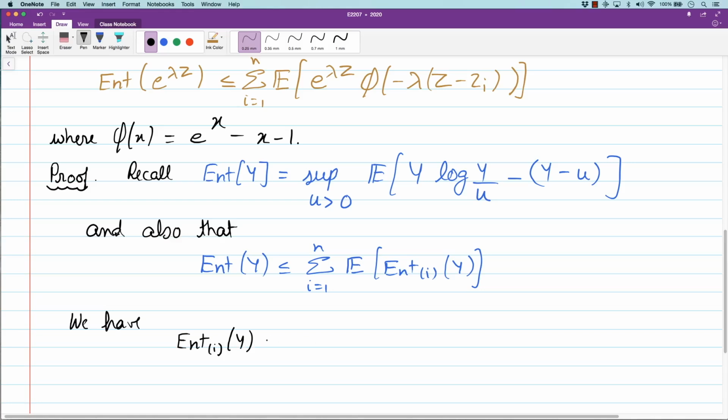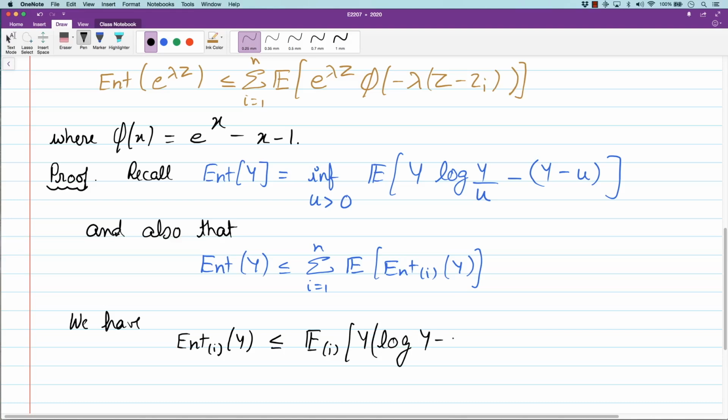This is equal to, or let's say this is inf, not sup. It is important. So this is less than or equal to, I can choose any u here, I'll choose a particular u. This expectation is with respect to the ith random variable, so everything else is fixed.